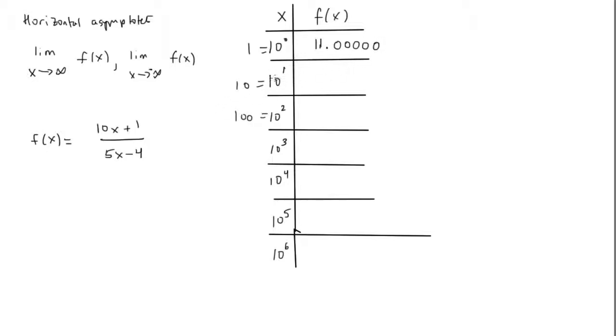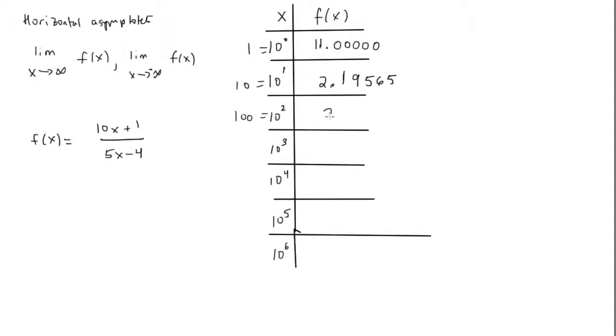Okay, and then I'm just going to do the same thing for all of these. So I computed all these out beforehand, real easy to do, and I got 2.19565 for this one. And by the way, in all of these I rounded to the 5th decimal place. Got to stop somewhere.